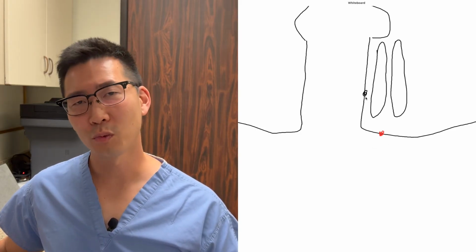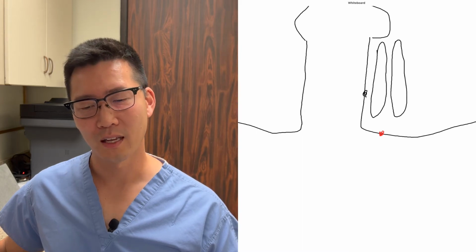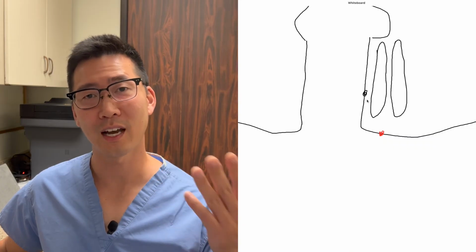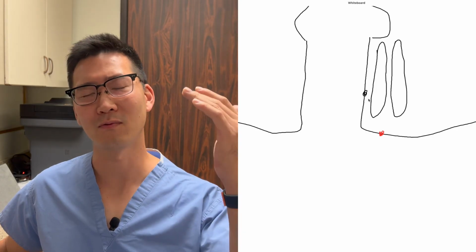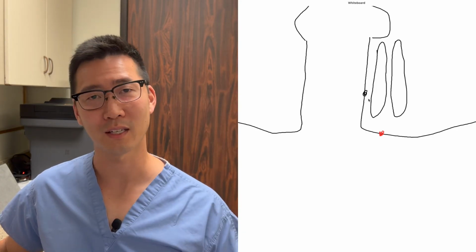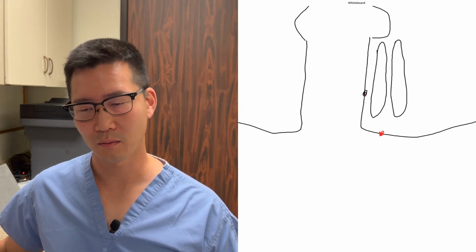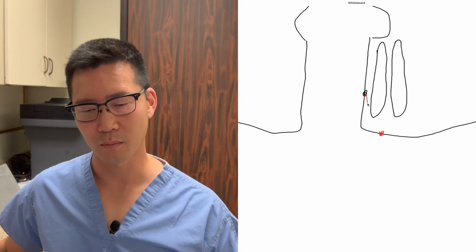Now, what does superficial mean? Superficial means that the tunnel is superficial to the skin or the outside of the anus, which means it's very close to the outside skin. So one example would be here. Let's draw that better.